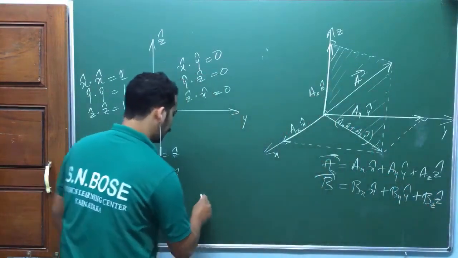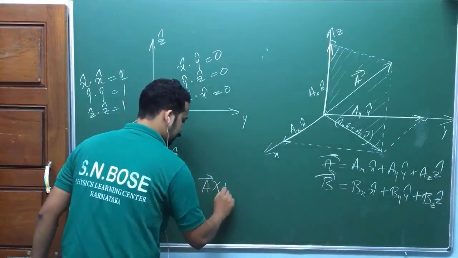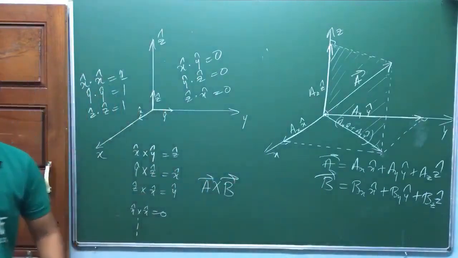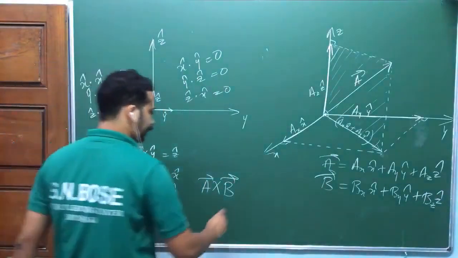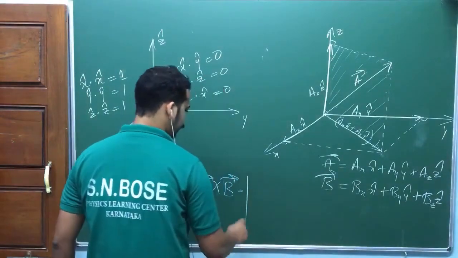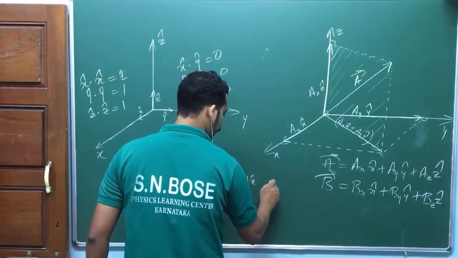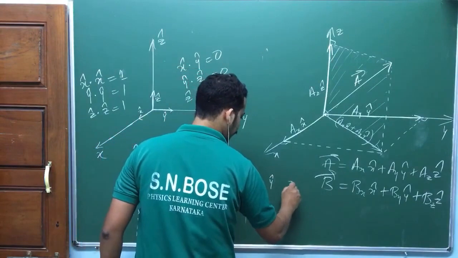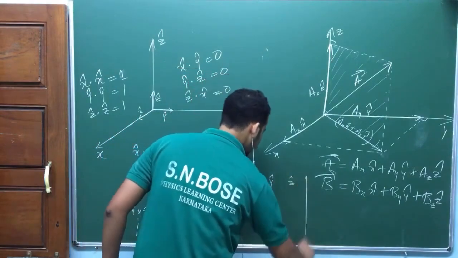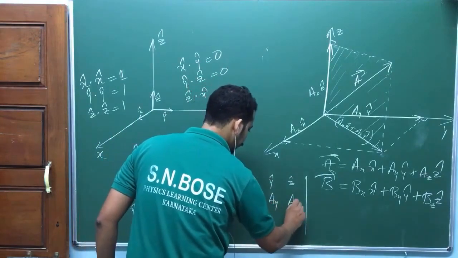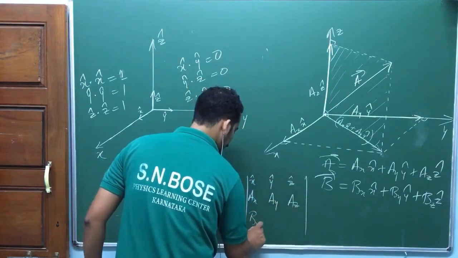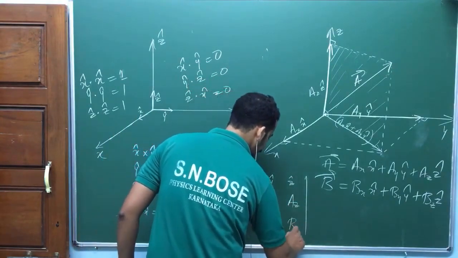Then you can write A cross B as a determinant with rows x cap, y cap, z cap; AX, AY, AZ; BX, BY, BZ.